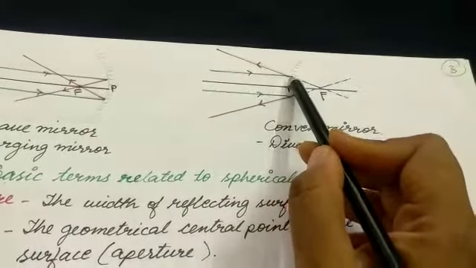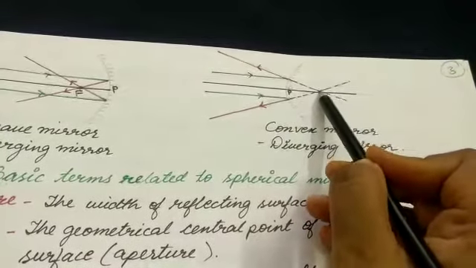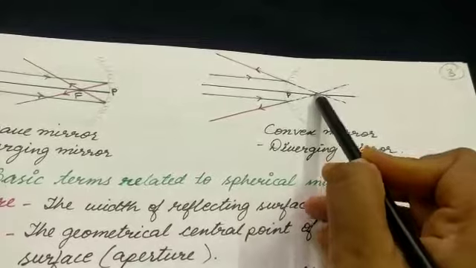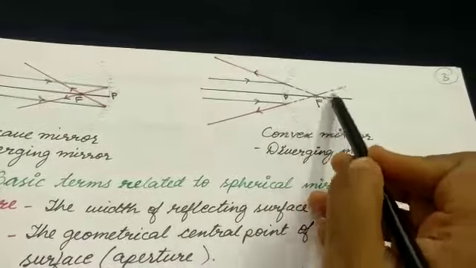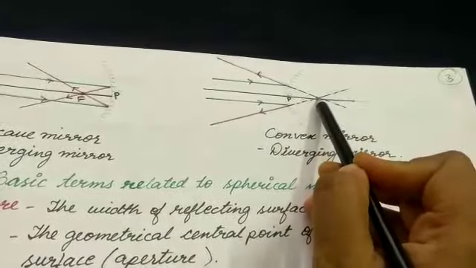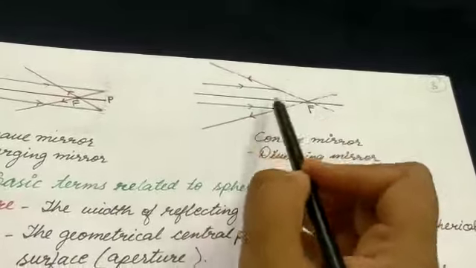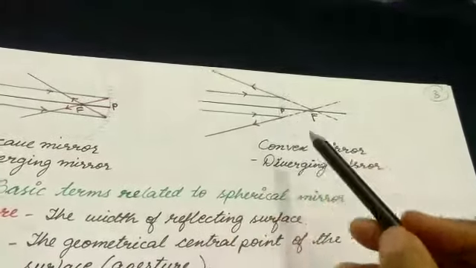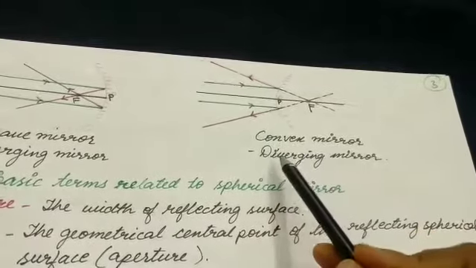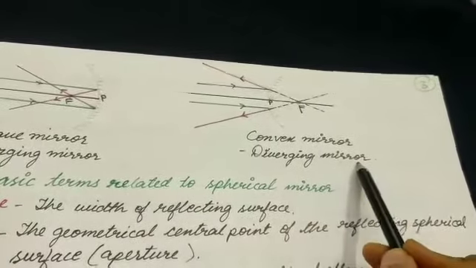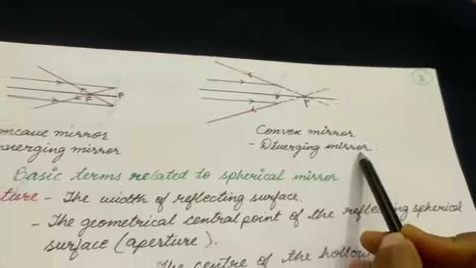But if we imagine them to grow at back, we find that they appear to come from a point. They are not really meeting at this point, we are just imagining that they are arising from this point. In reality, the mirror has spread all the light rays. So convex mirror is also called diverging mirror, as it spreads all the light rays which strike it.